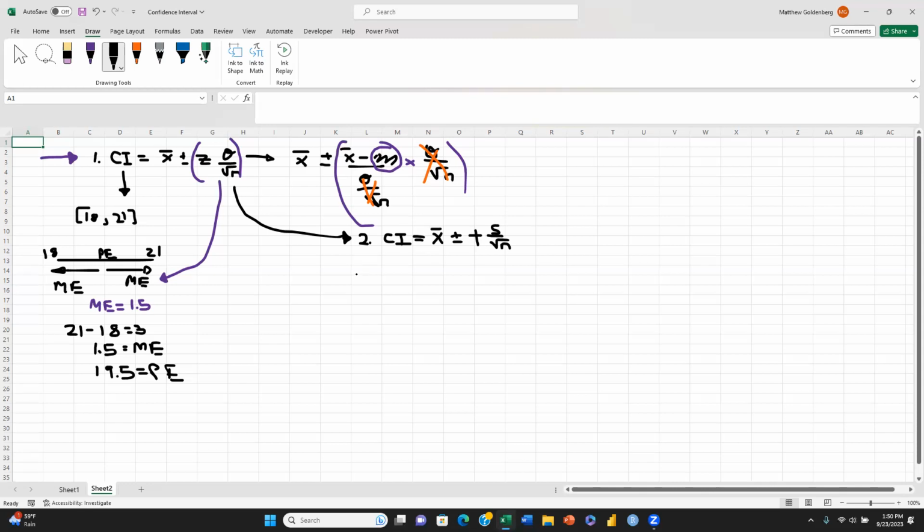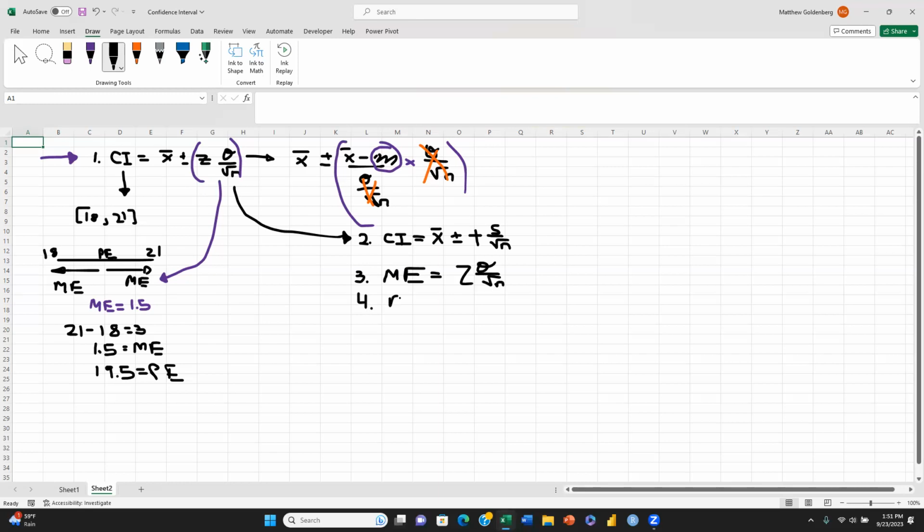Now, what are equations 3 and 4 that you need to know? Well, these come from the knowledge that your margin of error is this purple highlighted part. So equation 3 is margin of error is equal to z theta over the square root of n.